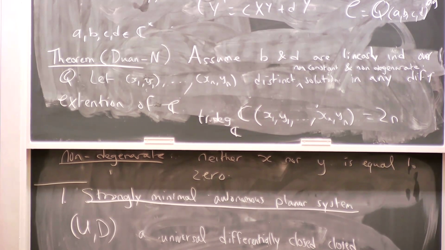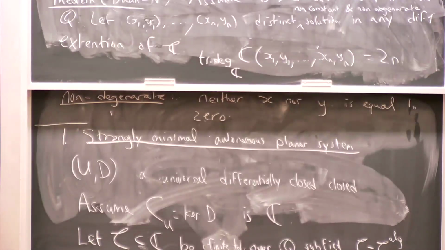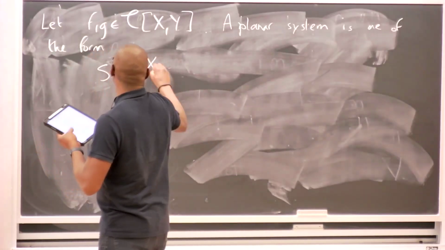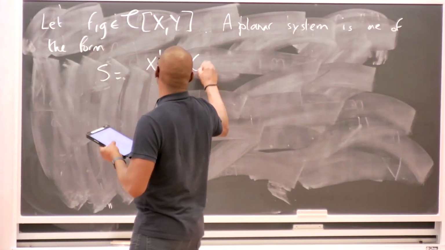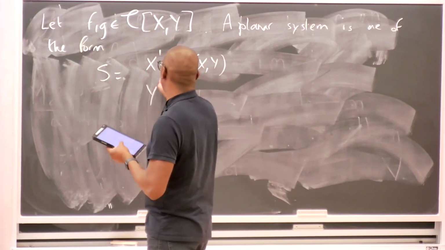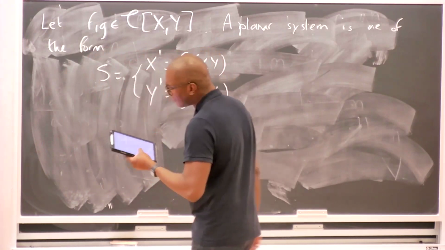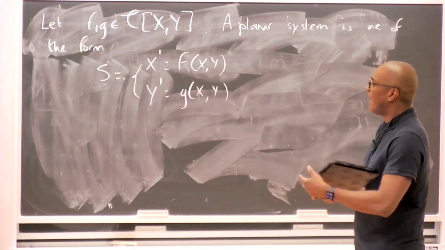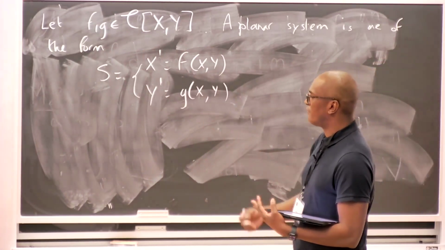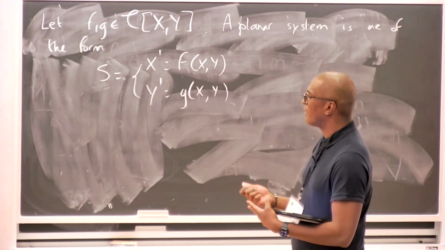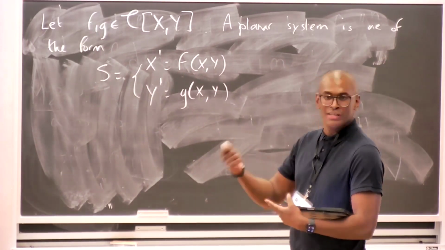A planar system, for me in this talk, is one of the form, so I'm going to call it S: x prime is F(x,y), y prime is G(x,y). And my aim now is to define what I mean by strong minimality.